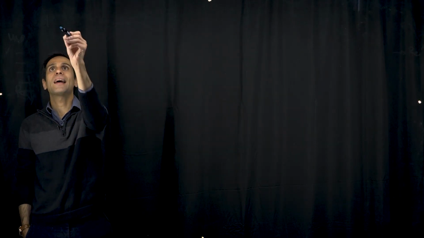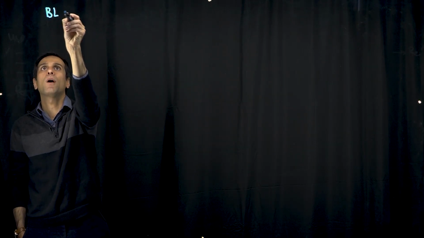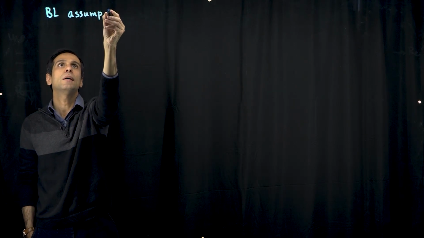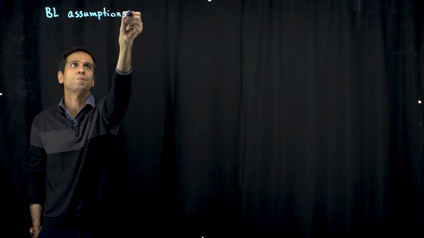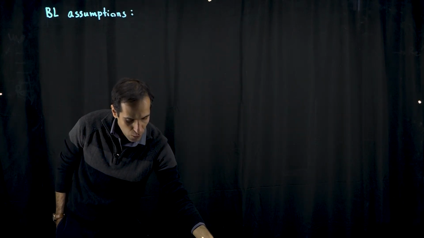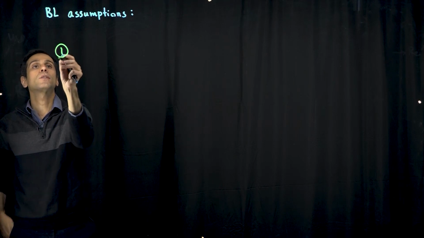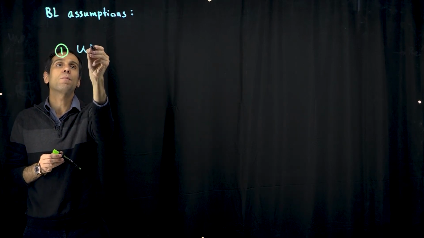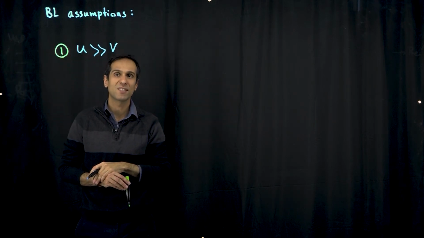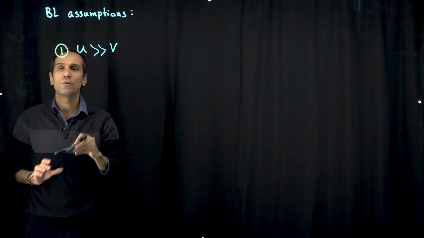First of all, there are some assumptions that we can apply to the original equations, the boundary layer assumptions. The first assumption is this: u, which is the x component of velocity, is much greater than v, which is the y component of velocity, inside the boundary layer region.